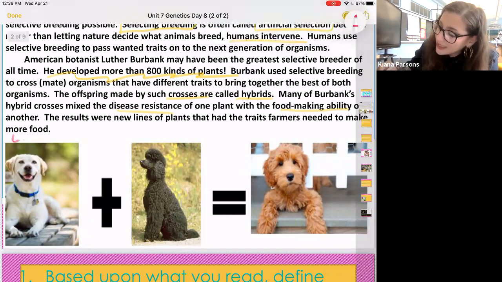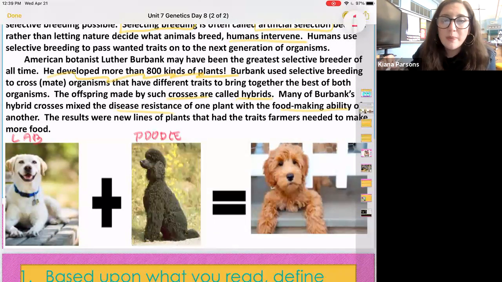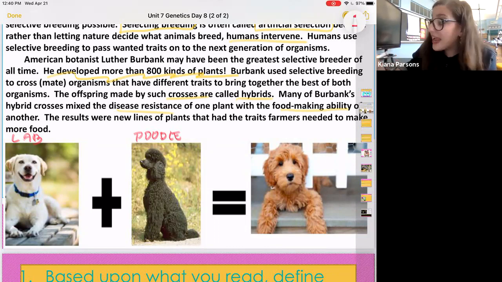So this is a Labrador retriever, and this is a poodle. So these are two dog breeds that were created over time through human beings crossing different dog breeds, but selective breeding can be used to create a new hybrid crossbred dog called the Labradoodle.